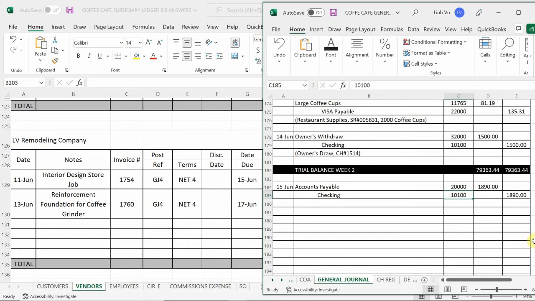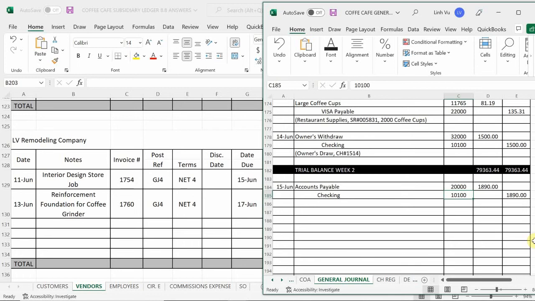What else should we be doing? We should be notating in the subsidiary ledger that that was paid.